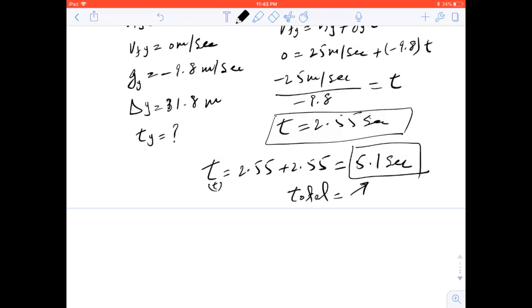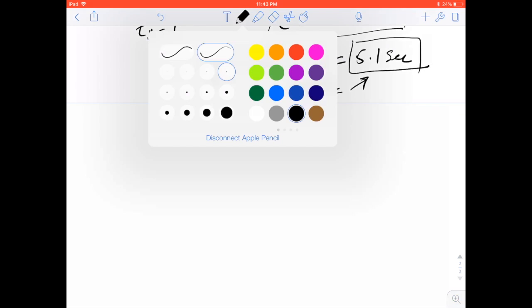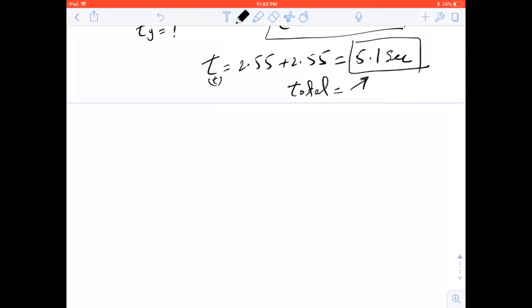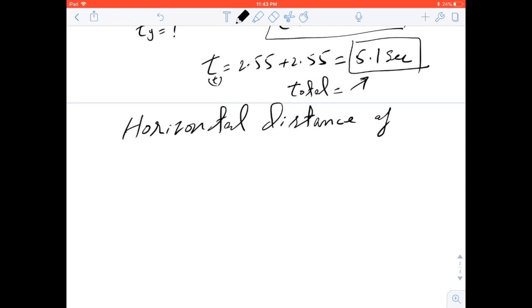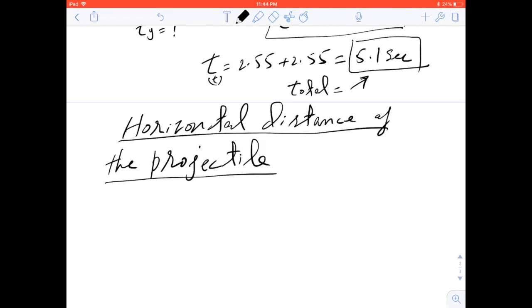Now we need to calculate the horizontal distance of the projectile. So what we need to do? The important thing to understand here is that before, we were just taking the initial velocity of the y component.